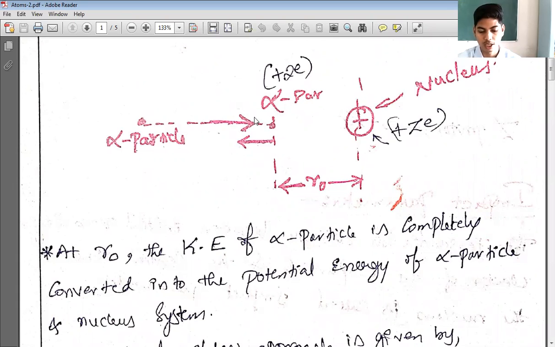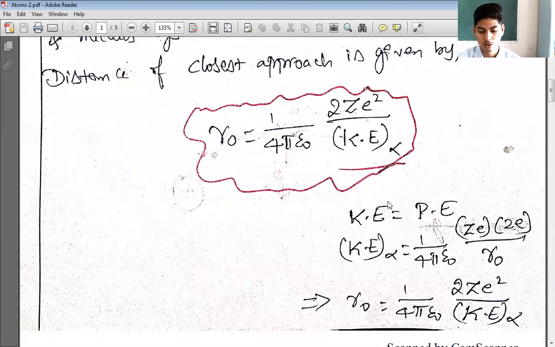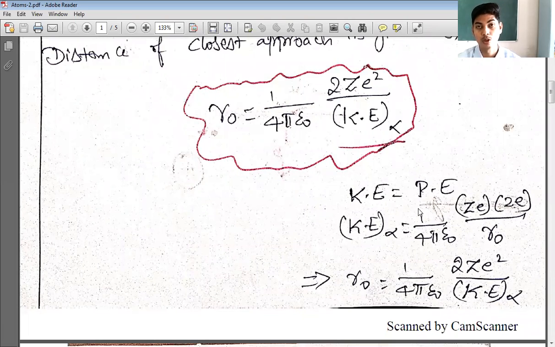So all the kinetic energy of the alpha particle will get converted into potential energy of the system of the alpha particle and the nucleus. These two form a system of two charges, right? So all kinetic energy of the alpha particle gets converted into potential energy. Kinetic energy is equal to the potential energy of a system of two charges, which we studied in electrostatics as 1 by 4 pi epsilon naught q1 q2 by r.